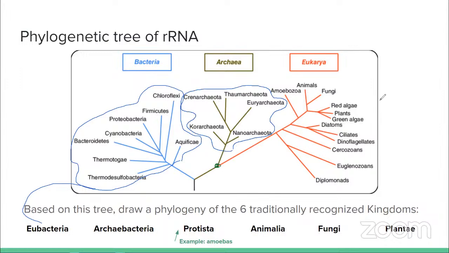So we can start by creating that split. We start with a common ancestor. We have our bacteria branching off. Bacteria. All right. Then we have our next branch, which is leading us to this split point of our archaea and our eukarya. We'll put our archaea here.